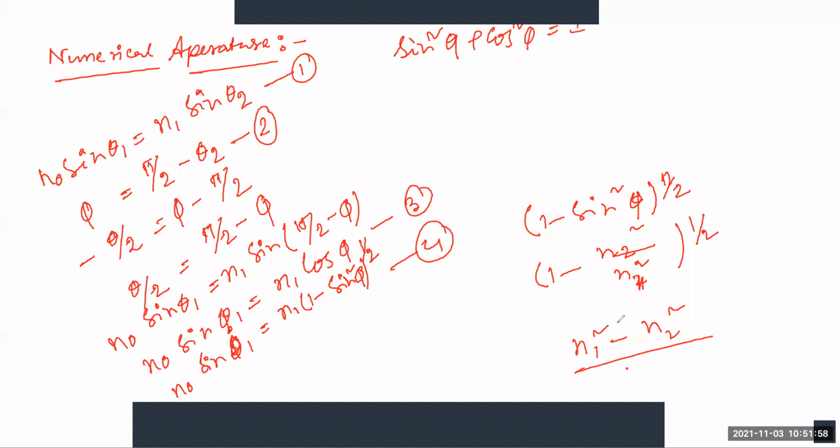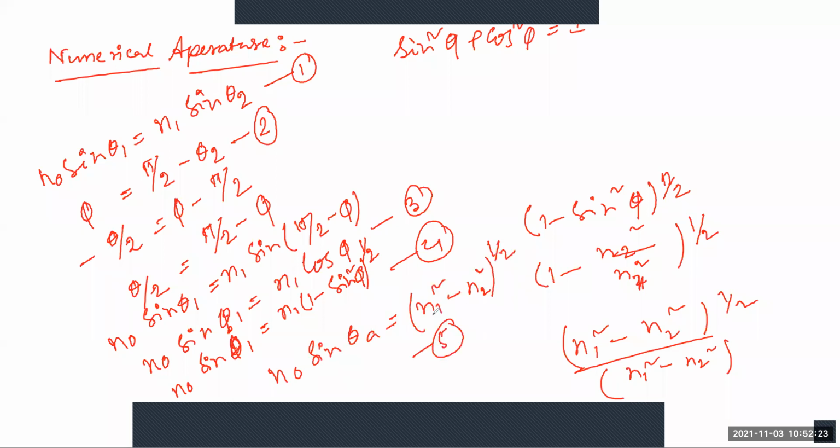So from this, equation number 5: n naught sine theta a equals n1 square minus n2 square to the power half. This is equation number 5.